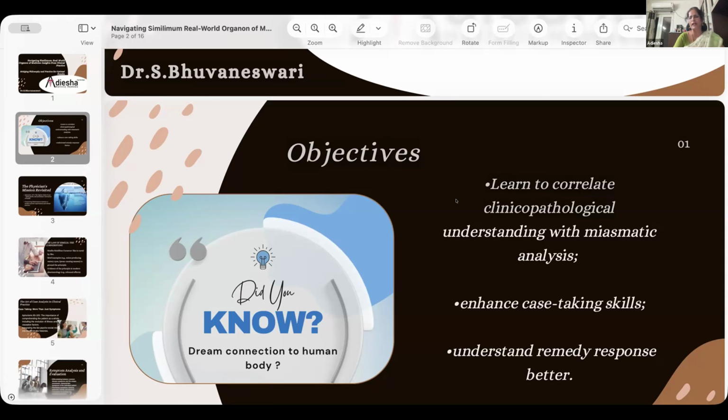The enhanced case taking, as I already told, resolves half of the case in choosing the similimum. Understanding the remedy choices by matching with the personality, either in acute or chronic, holds the remedy selection in a better aspect which helps to heal the person permanently as well as gently.